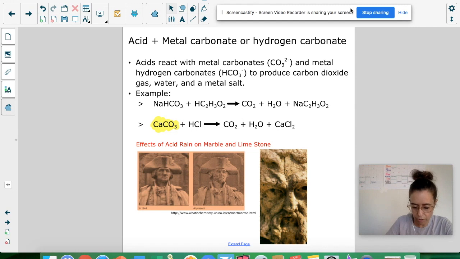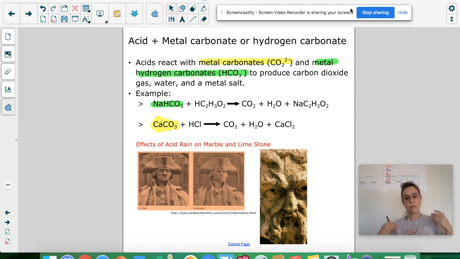Okay, that is a metal carbonate. A metal hydrogen carbonate is a metal that is combined with HCO3.